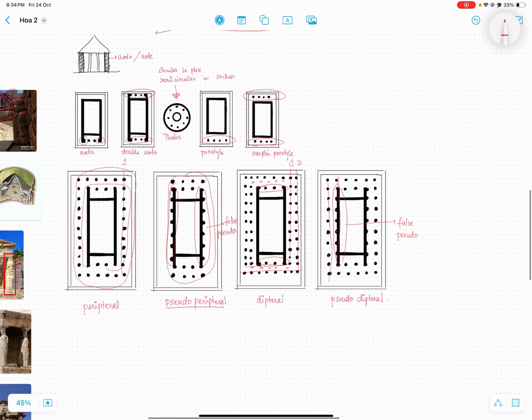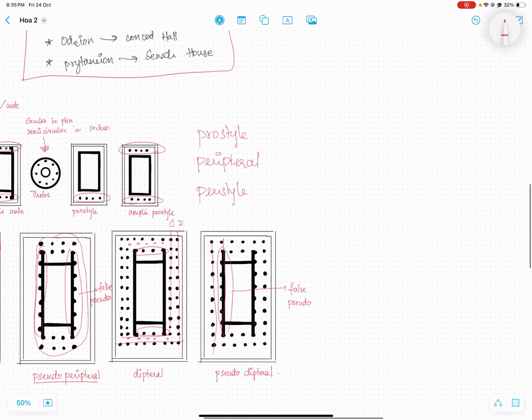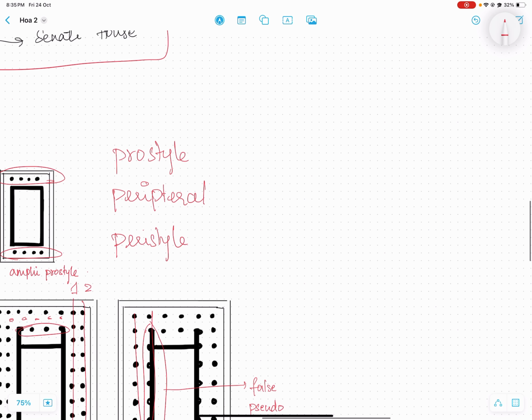Now I would like to differentiate between prostyle, peripteral and peristyle. So prostyle is columns in the facade alone.